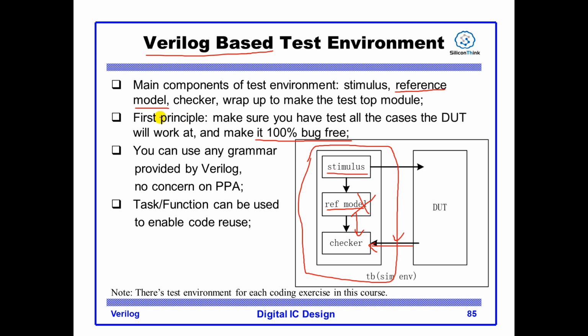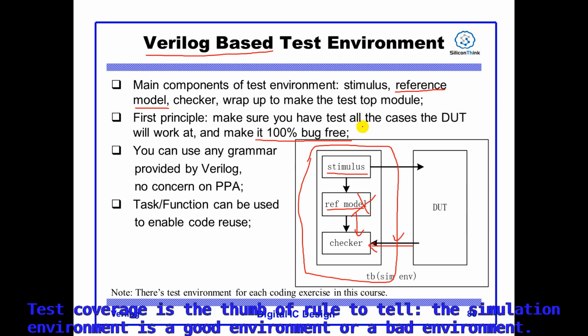So the main purpose is to make the DUT bug free. This is the goal. So test coverage is the sum of rules to tell whether the simulation environment is a good environment or a bad environment.